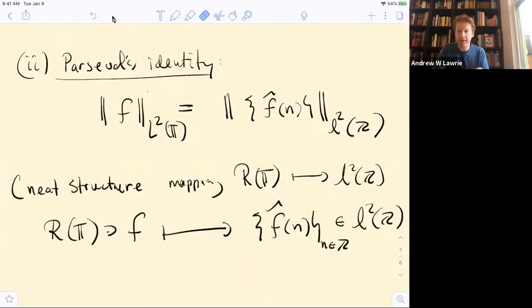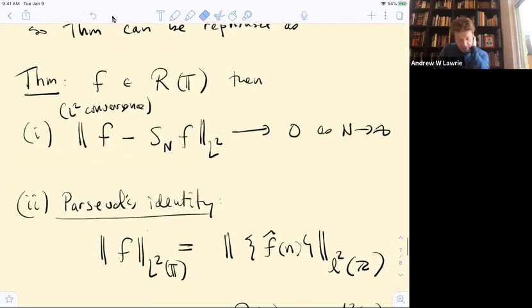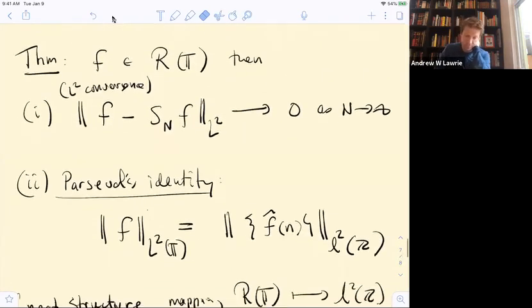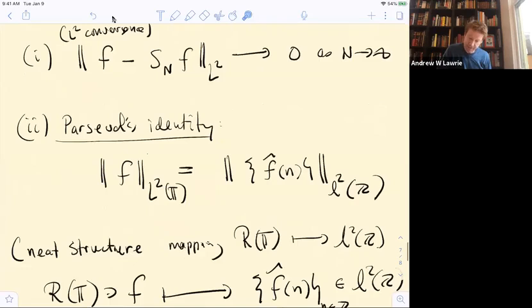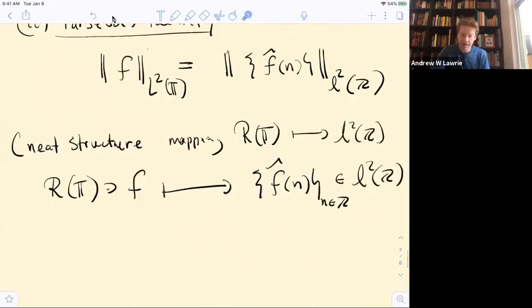If we believe the theorem is true for a second, the result is this mapping, by Parseval's identity, which preserves this norm. And so you can ask how much of the vector space structure is passed on by this mapping. You can also ask, is it one to one? Is it onto? Is it a bijection?